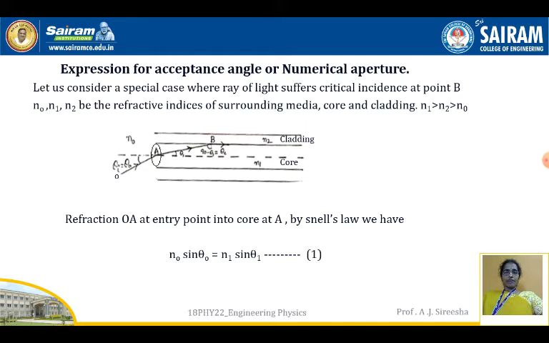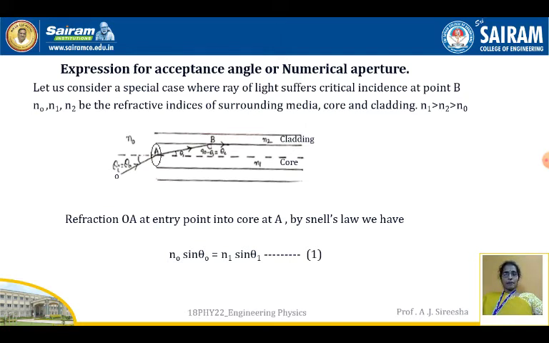Core has refractive index N1, cladding has refractive index N2, and the surrounding medium has N0. The order is given by the condition N1 greater than N2 greater than N0. That means the refractive index of the surrounding medium is less than that of the cladding, and the cladding is still less than the core. So the core becomes a denser medium than the cladding.